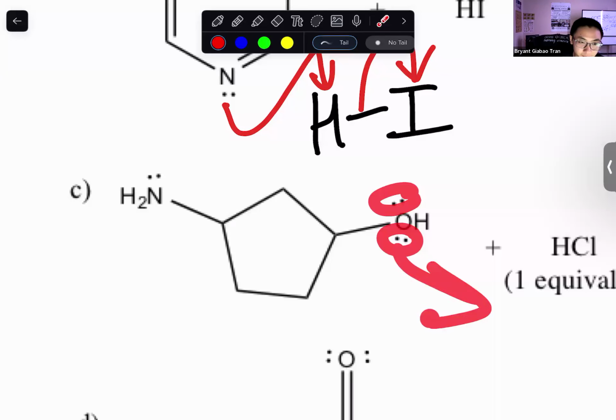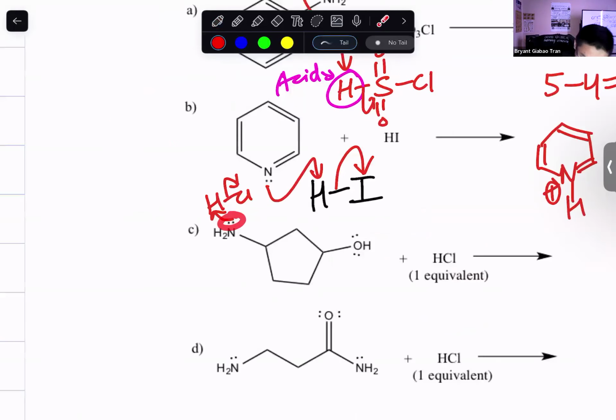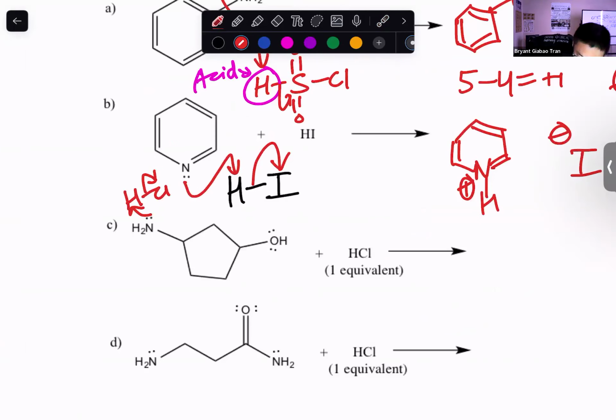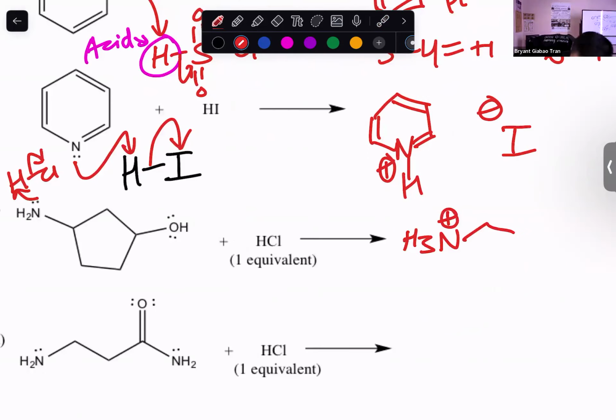It doesn't want to give it up, right? So nitrogen is going to be more basic because it is less electronegative than oxygen, meaning that it's willing to give up a pair of electrons and attack the hydrogen like that, right? Or you could think of it like stronger acid, weak base as well, but that's not always the case, right? But in this case, it worked out, right? And that's going to give us these products here.